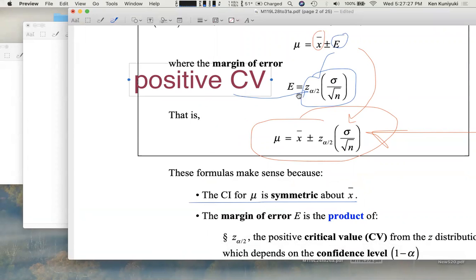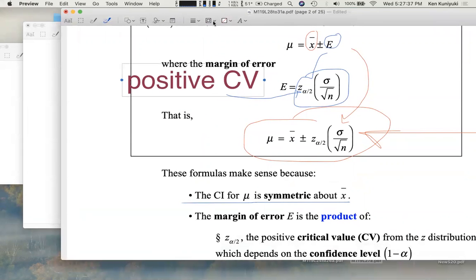So the margin of error consists of this positive critical value times this piece over here. I'll put this in purple. And where did that piece look familiar? The sigma over root n. Where did that come from?